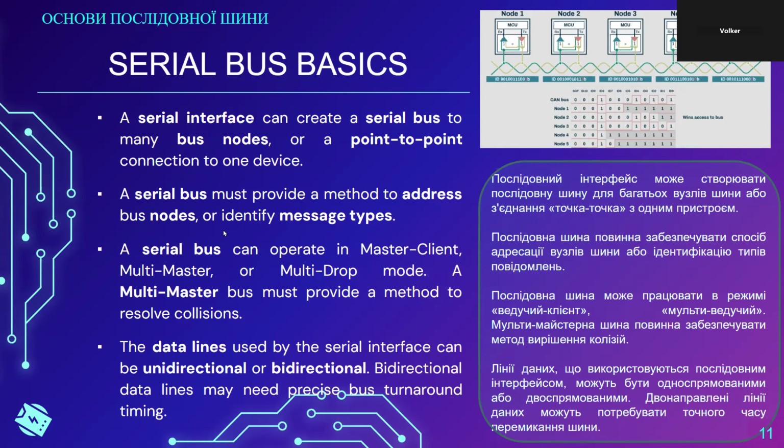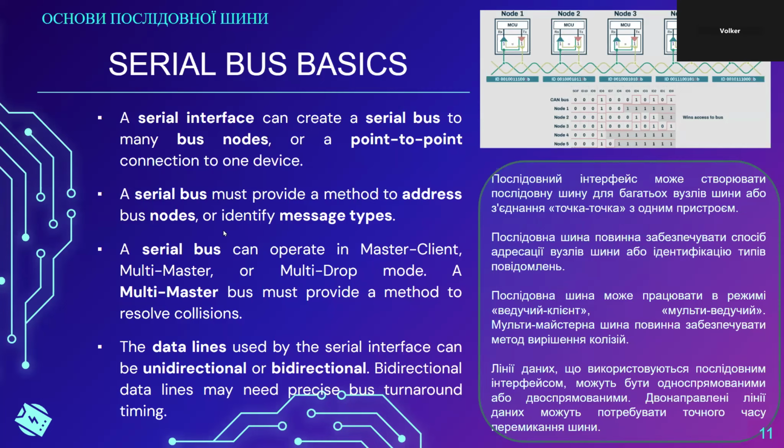A serial bus can be multi-master. That means that there are several devices on the bus that can just randomly start transmitting. The problem with this is that there must be a method so that the different masters can negotiate and find out if there's a bus collision happening.